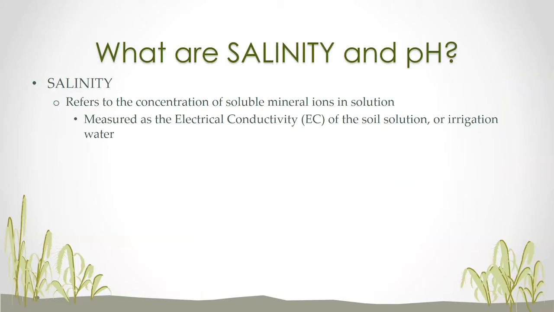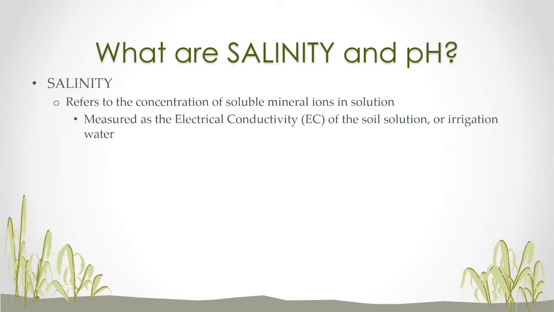So how do we actually get a handle on how much we have, and is it a level of concern in our soil at any given location or moment? We said that salinity refers to the concentration of soluble minerals in solution, but we don't really measure it that way.